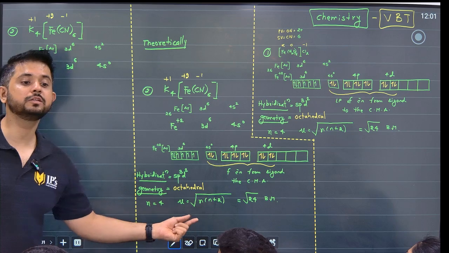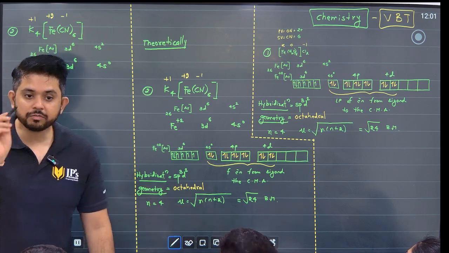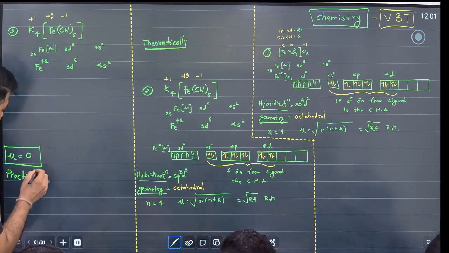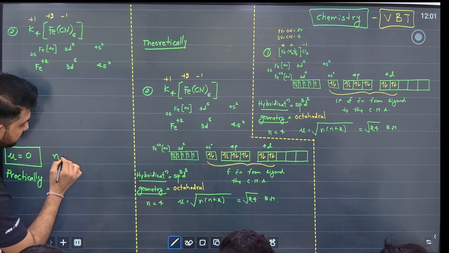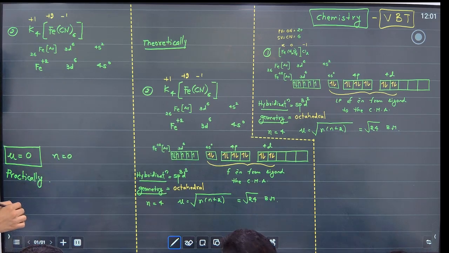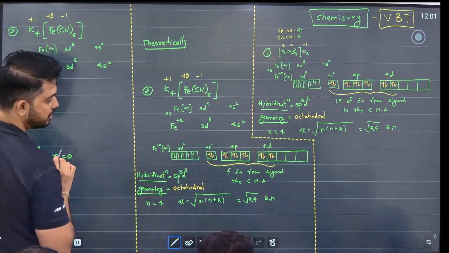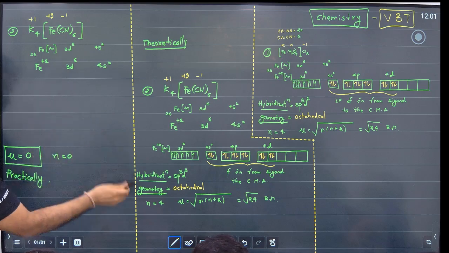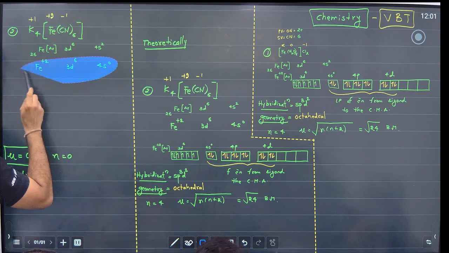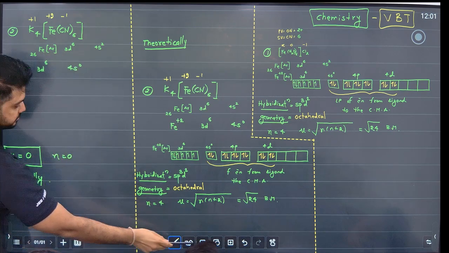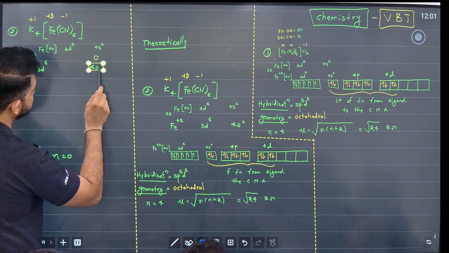Then what should be 0? The number of unpaired electrons should be 0. How is that possible? Because we know the number of unpaired here is, for example, ये जो Fe2 plus है, we know that it is 3d6. So how will you write 3d6?